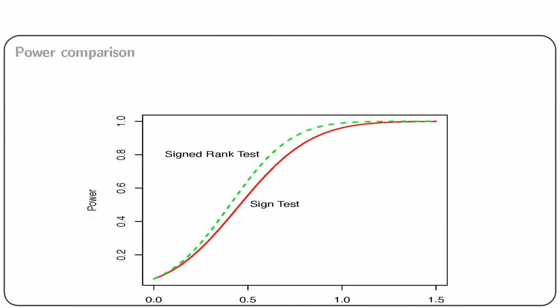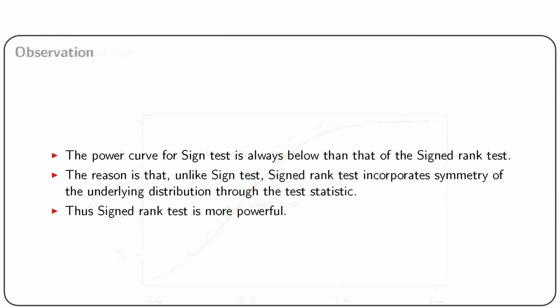From the figure, it is seen that the power curve for the sign test is always below that of the sign rank test. The reason is that unlike the sign test, the sign rank test incorporates symmetry of the underlying distribution through the test statistic. It also uses the relative position of the data in addition to sign. Thus, the sign rank test gives more power.